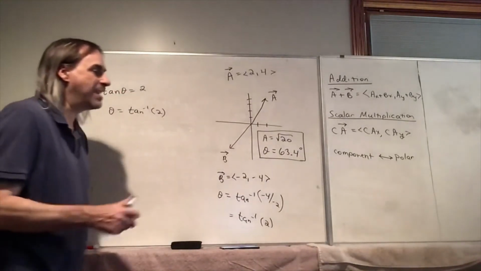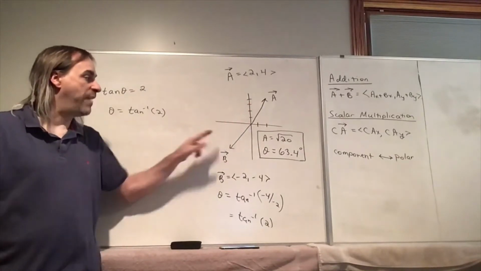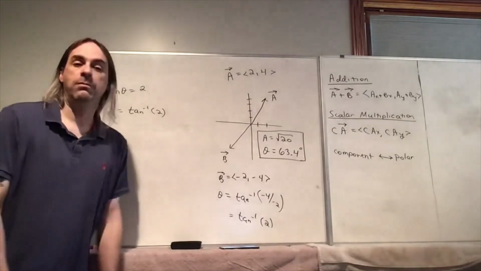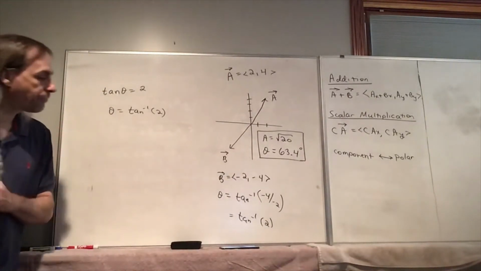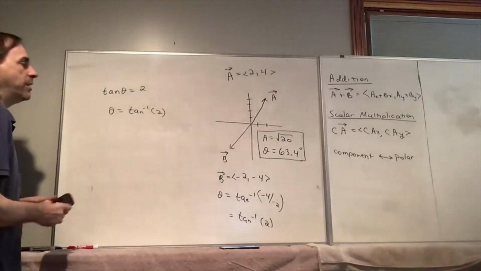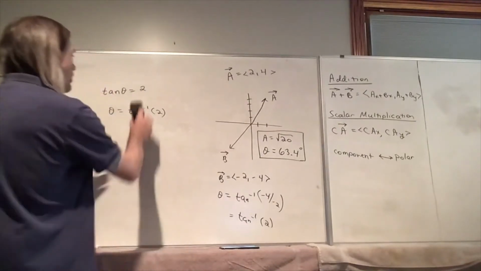And so if you just blindly take the inverse tangent of these two vectors, which are obviously very different, you're going to get the same numerical answer. Now, why is that the case? And the reason why is because this tangent function, actually, let me be clear on this.